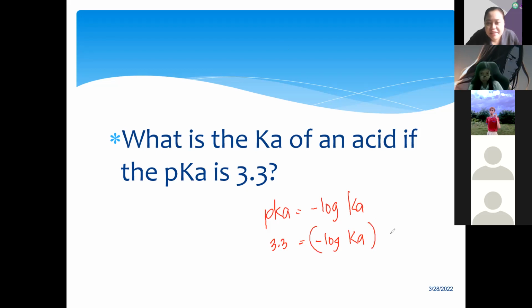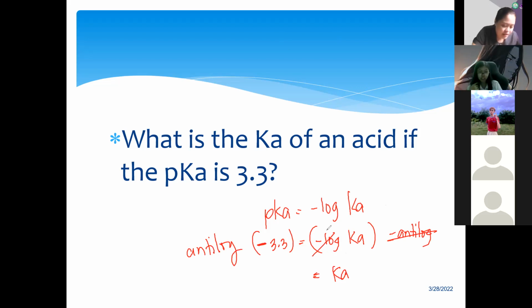To get rid of this, we do anti-log. We cannot do transposition here. So yung anti-log tayo dito, let's just place the negative sa 3.3. Okay, so in this side, you will have the Ka. And how are you going to do the anti-log? Shift log, tapos negative 3.3.